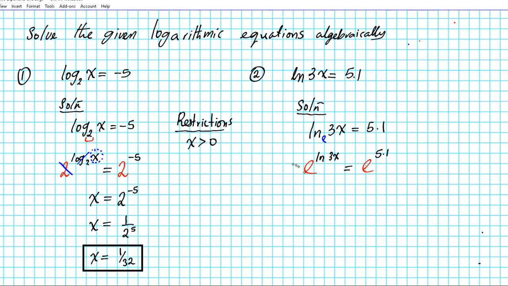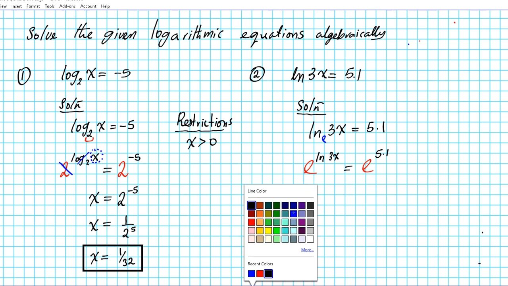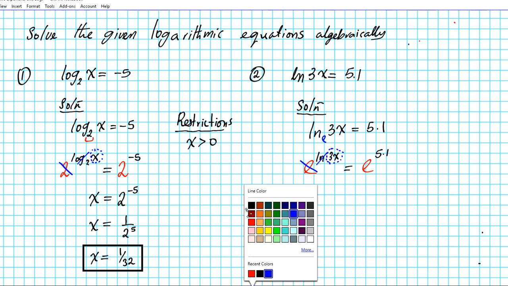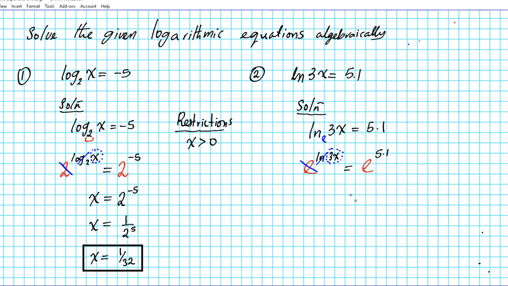On the left side, e and ln, which is log base e, are inverses. So what happens? Those two cancel each other out, and we're left with the logarithmic argument, which is 3x. So we'll bring that down, and we are left with 3x equals e to the 5.1.